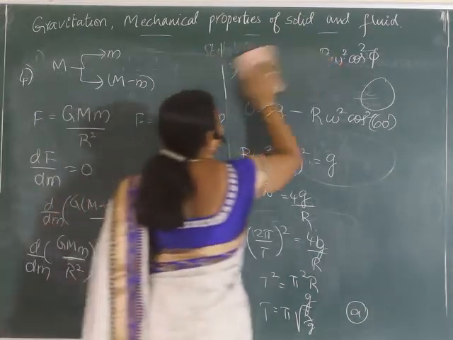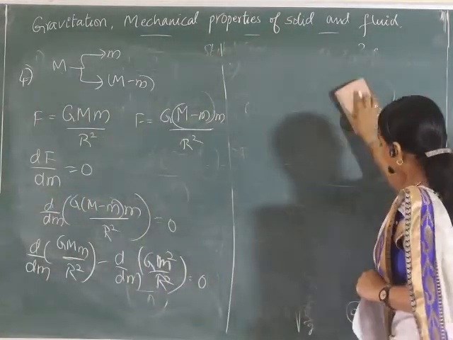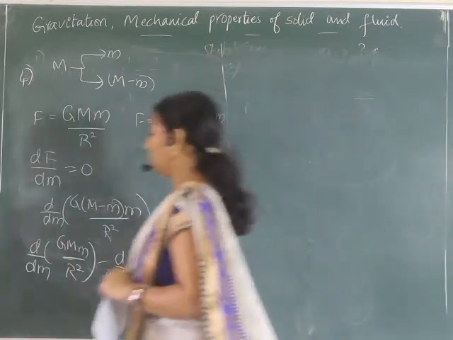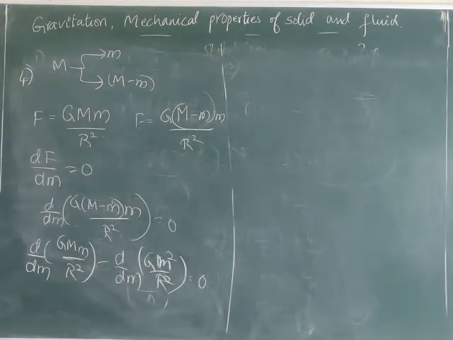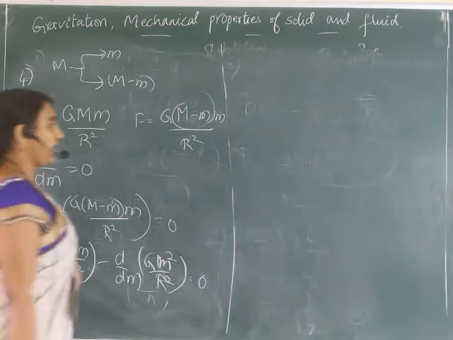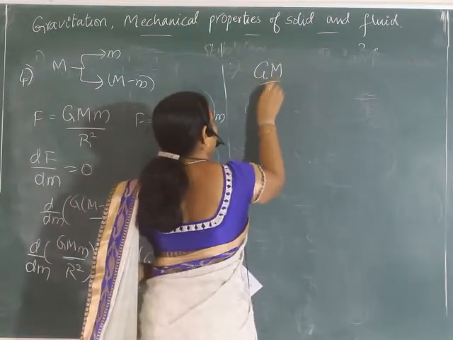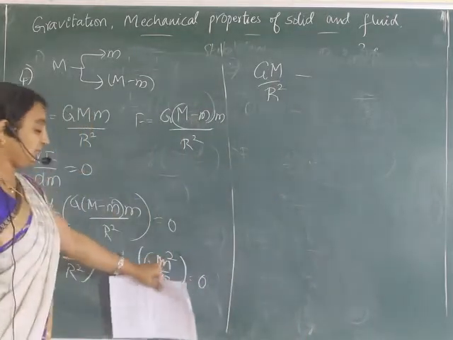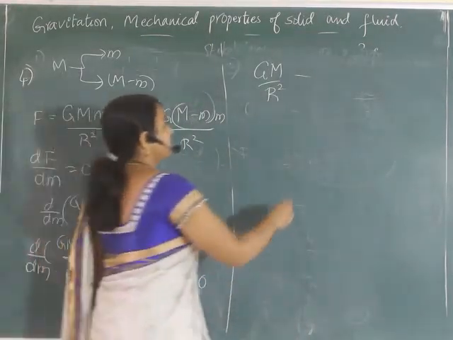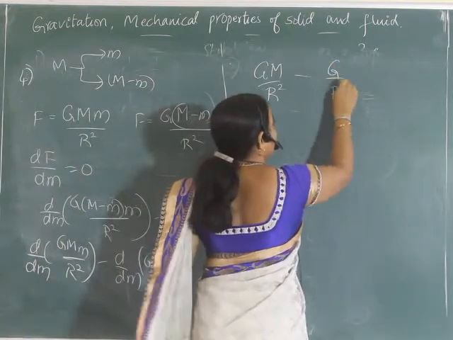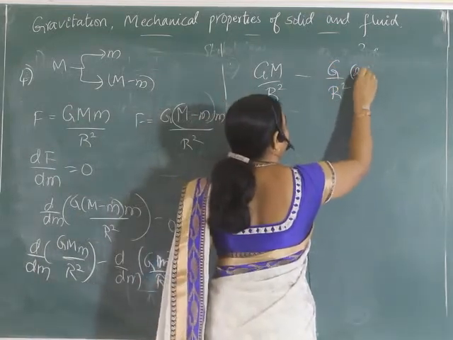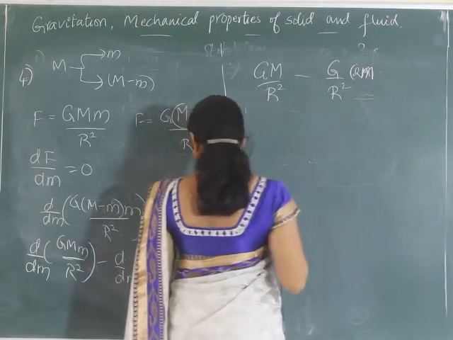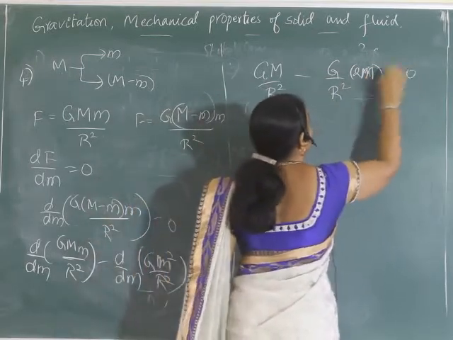Next, how can we solve? Can you help me to solve here? Differentiating, G M and R square are constant. If we take dm by dm, it is 1. So GM by R square minus G by R square into the differentiation of m square, which is 2m, is equal to 0.